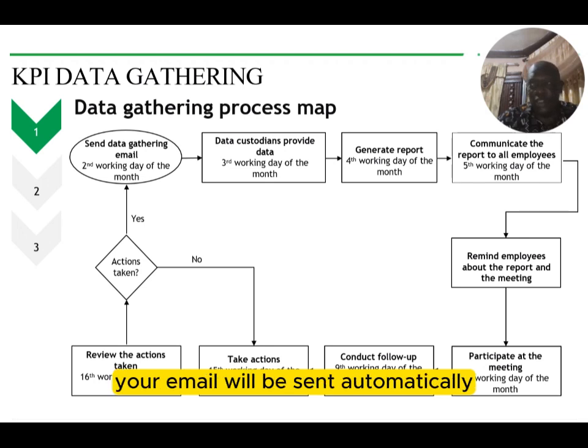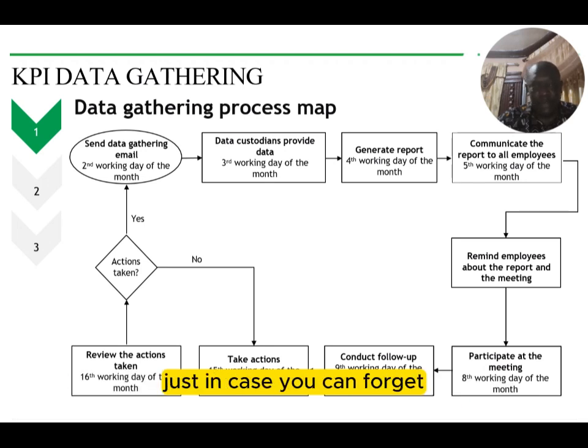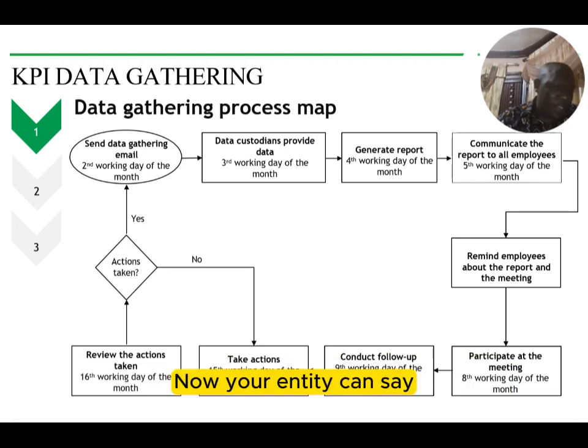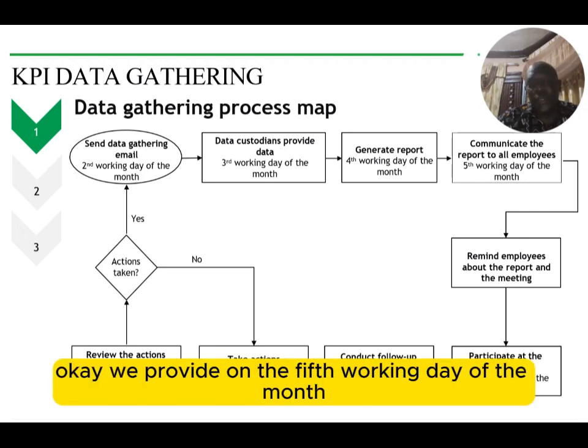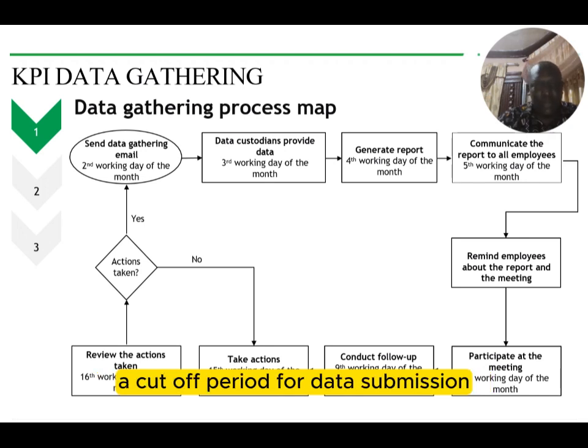The email could be set automatically, it can be put on schedule, so it will automatically send for you just in case you forget. And data custodians will provide data on the third working day of the month. Now your entity can say, okay, we provide on the fifth working day of the month. So be it. But there should be a clear day, a clear period for data submission.